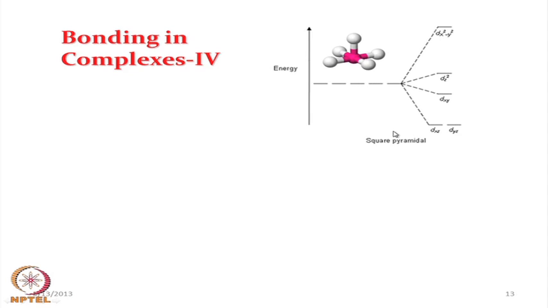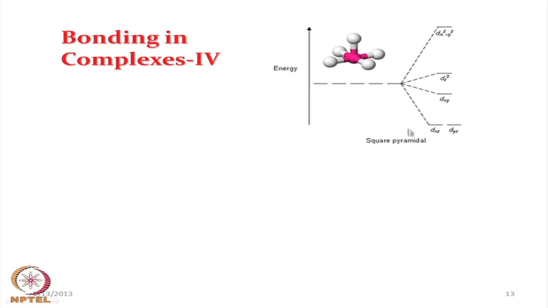How can the ordering of the different d orbitals take place? That gives us some idea of how we derive it starting from the octahedral or the square planar geometry. So, if we take out that particular ligand from an octahedral geometry, what do we see?